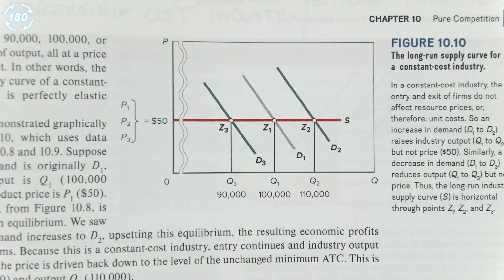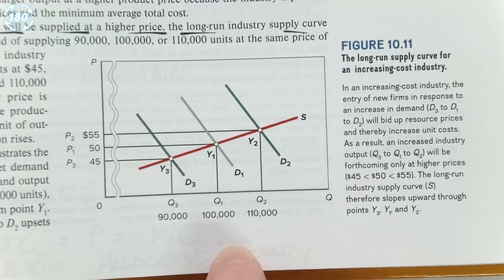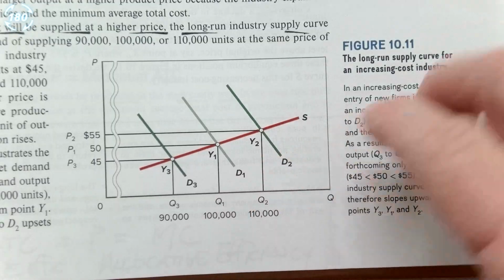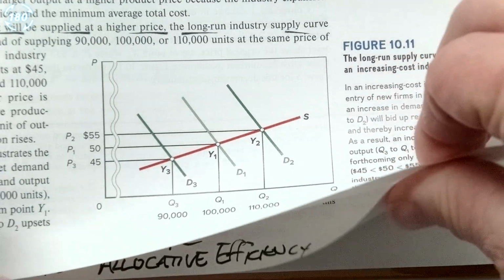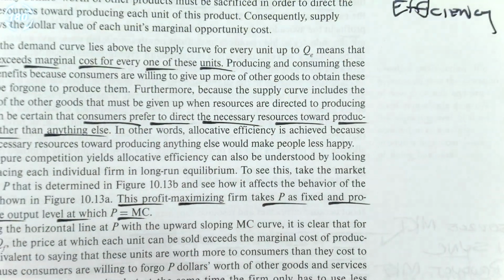Boy, lithium's getting hard to find. Got to have that to make a Tesla. Then you would have an increasing cost. The market for Teslas would be an increasing cost industry, because the more of these we supply, we're driving up production cost. So that's the theory in Chapter 10.